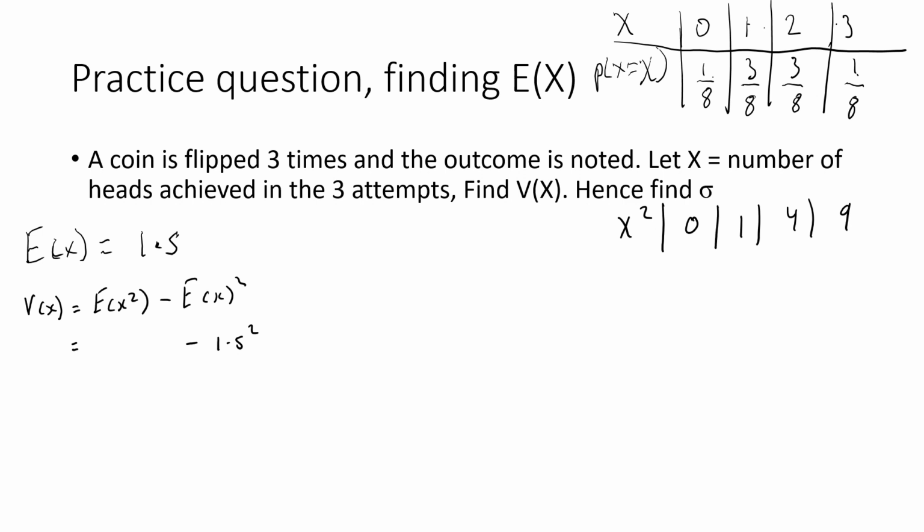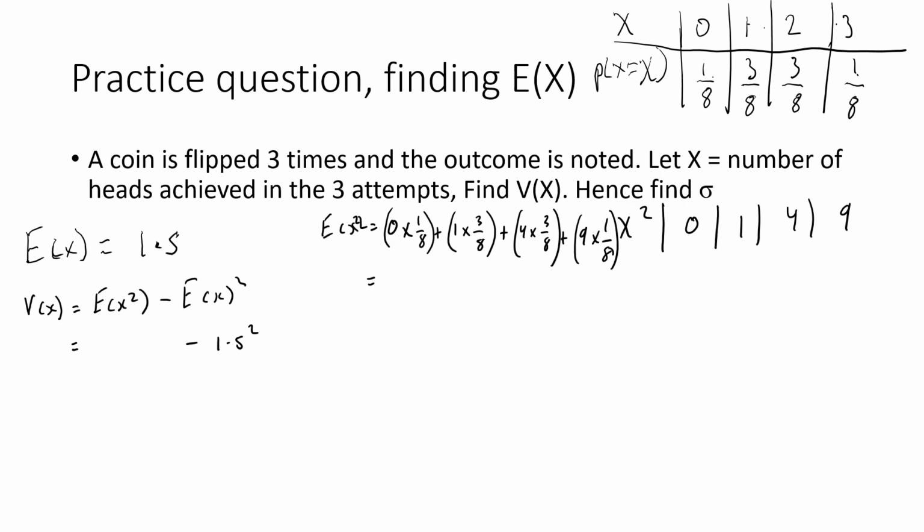So if we want to find E of x squared, it is 0 times 1 over 8, plus 1 times 3 over 8, plus 4 times 3 over 8, plus 9 times 1 over 8.